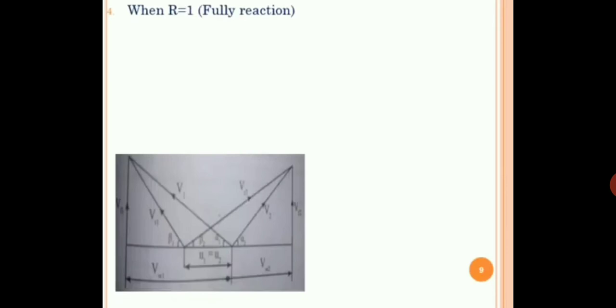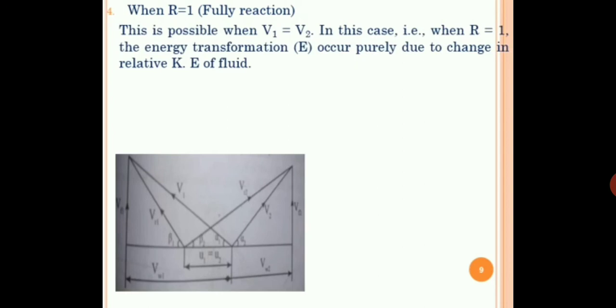The fourth one: when the degree of reaction is equal to 1, that is R equals 1, it is a fully reaction turbine. The velocity diagram is shown in the figure. This degree of reaction of 1 is possible when V1, the absolute velocity at inlet, is equal to V2, the absolute velocity at outlet.